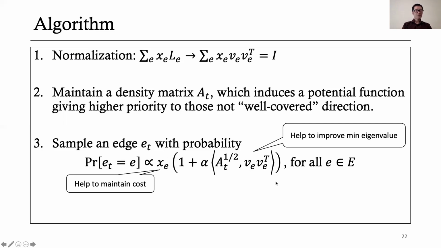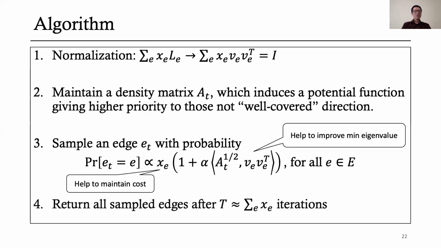As we have seen before, the definition of A_T guarantees that we give higher priority to row vectors v_e pointing to the non-well-covered directions. So this adjustment can help us to improve the minimum eigenvalue. Then we return all the sampled edges after an appropriately chosen number of iterations.